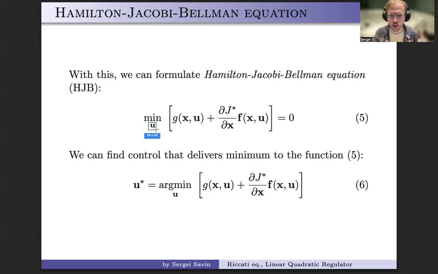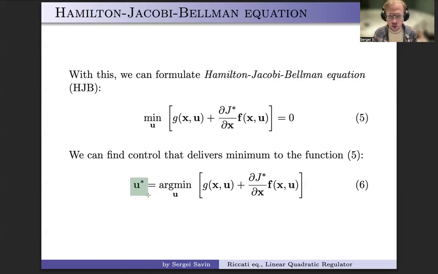And notice here u is being used to minimize this function. So the way you read this equation is not that this formula should be equal to 0. What you read is that the minimum of this formula with respect to the variable u has to be equal to 0. And this automatically gives you the formula to find optimal control for a particular state.